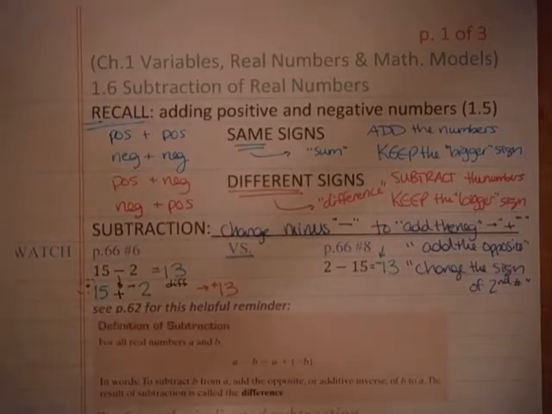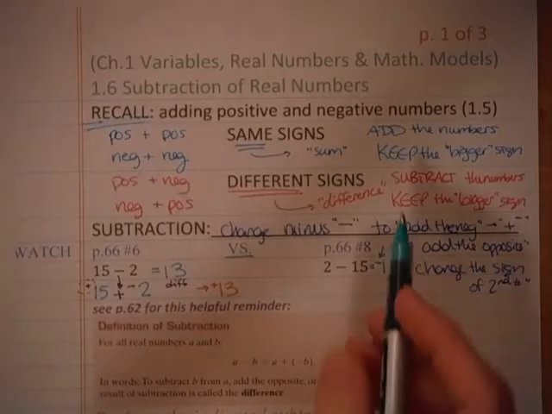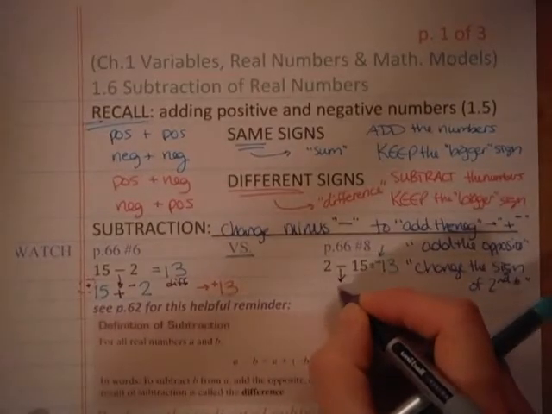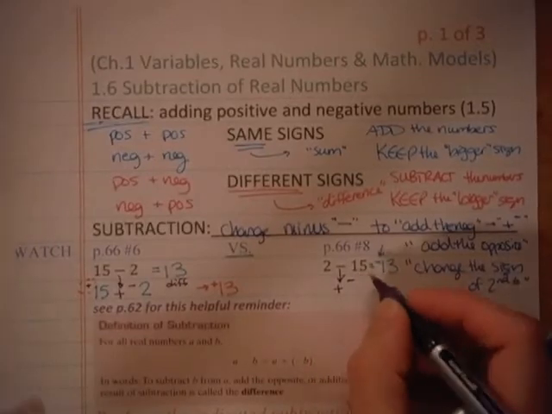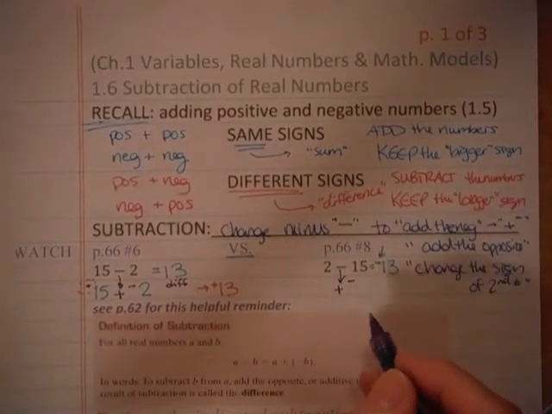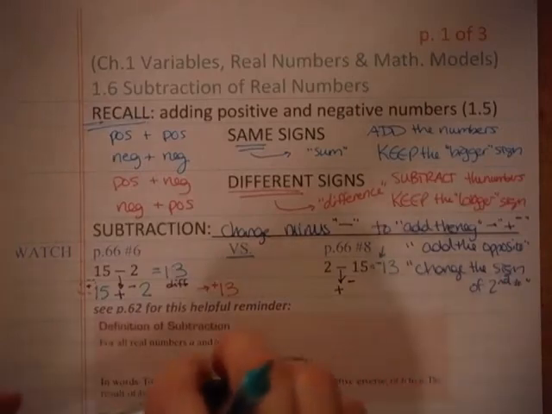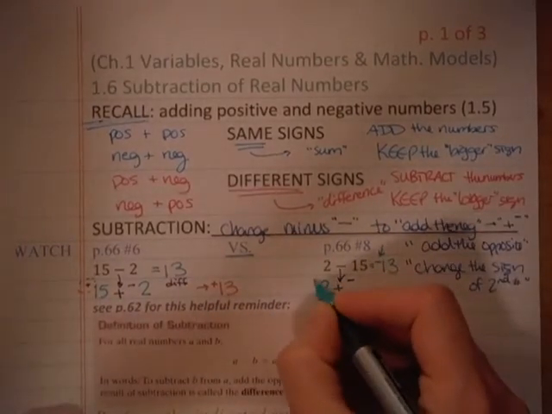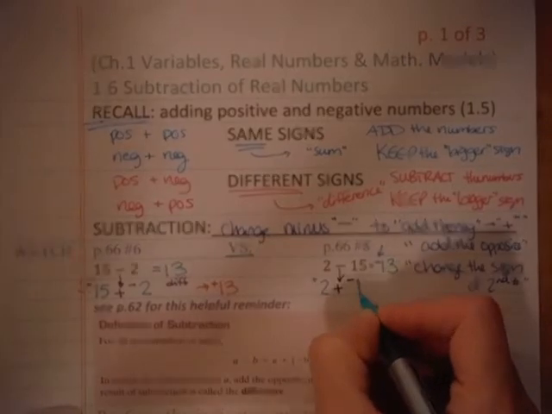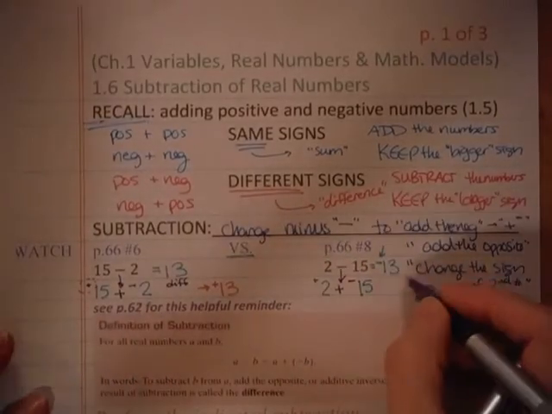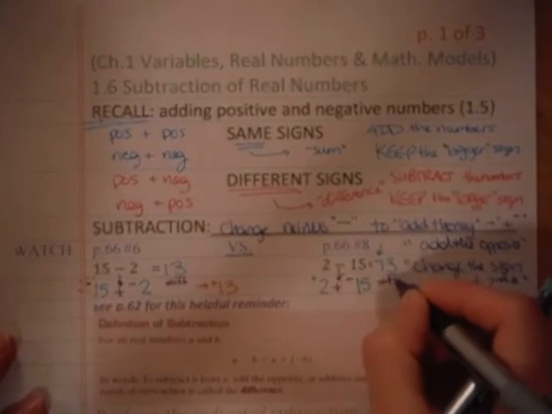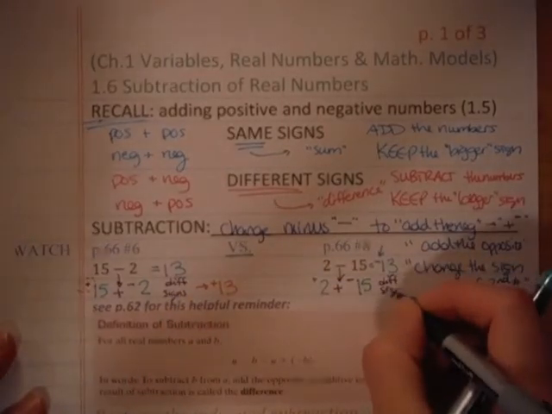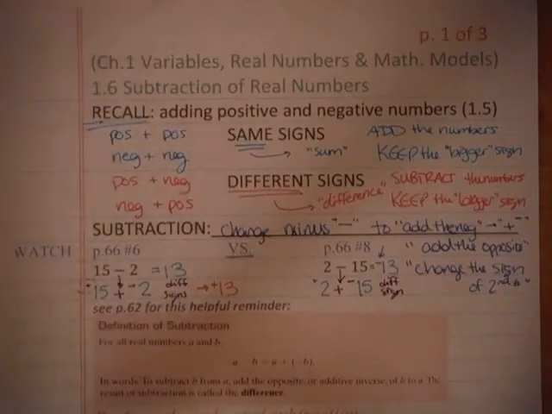Let's look at the 2 minus 15 in that same light. Let's change that subtraction to adding the negative, just a different way of thinking about subtraction. Then you would have the positive 2 plus a negative 15. Again, the signs are different, so we subtract and keep the bigger sign.